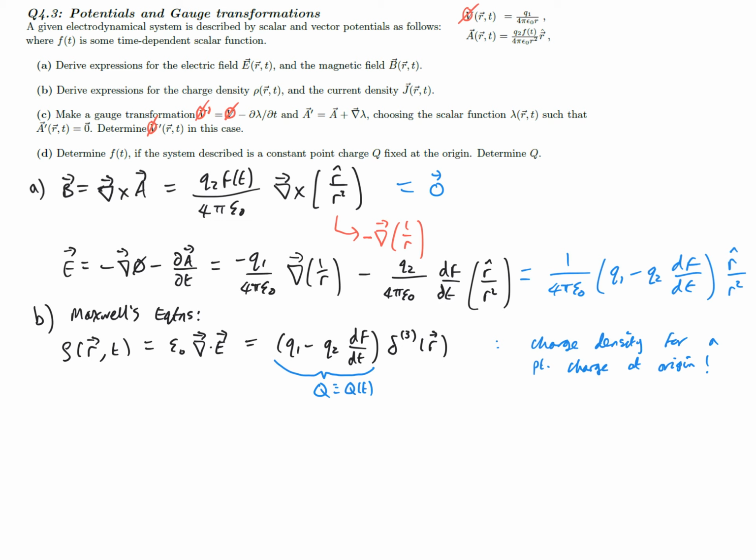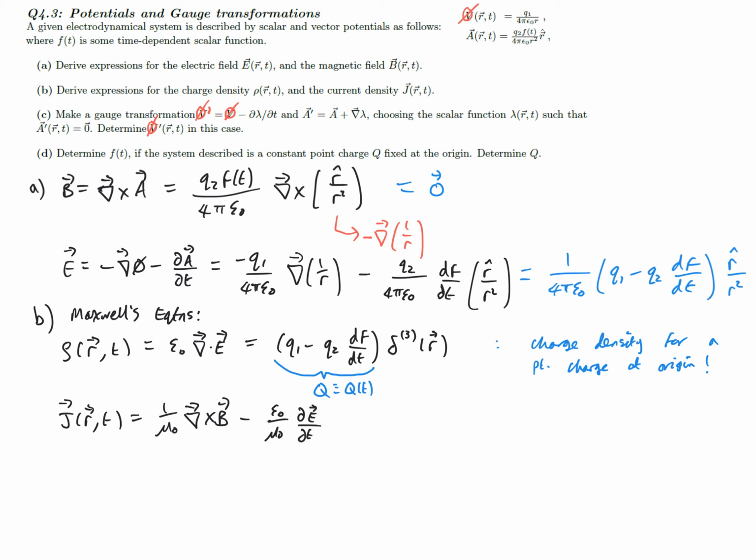Okay, that was rho. Let's move on to the current density J. Again, we extract it from Maxwell's equations. We evaluate it at a position r at time t, and from Maxwell's equations, we know how to get J. It's related on the one hand to the curl of B, and on the other hand, also to the time derivative of the electric field.